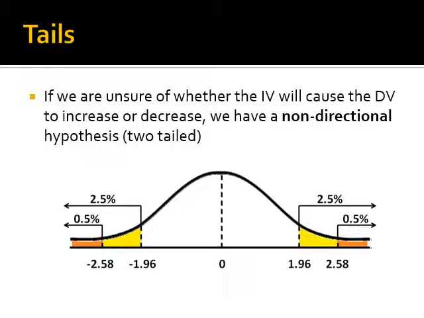I will say that in the social sciences it is quite unusual to find a non-directional hypothesis, and that's for ethical reasons. Going back to our CBT for depression example, it wouldn't really be ethical to say to an ethics board, for example, well, I'm thinking about a study. I don't know if my CBT is going to make people more depressed or less depressed.